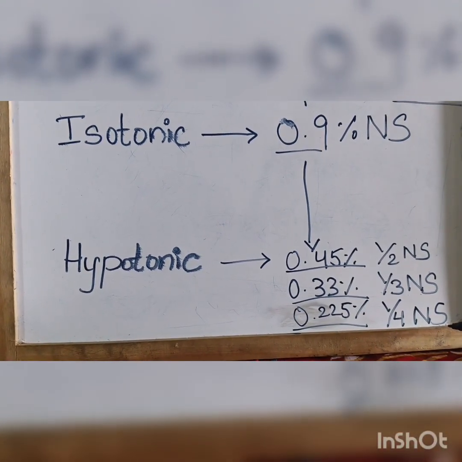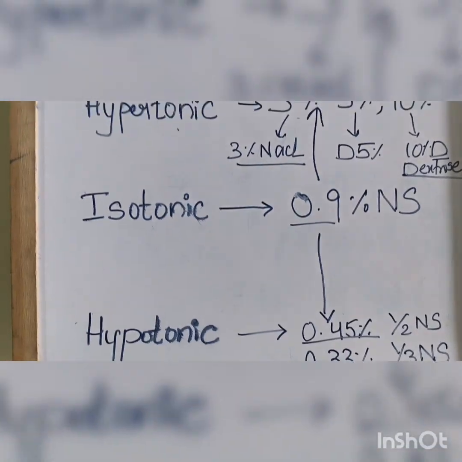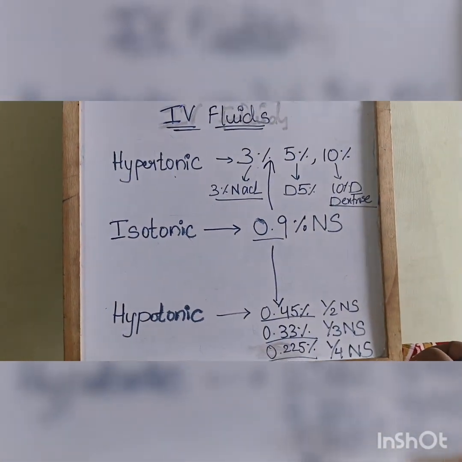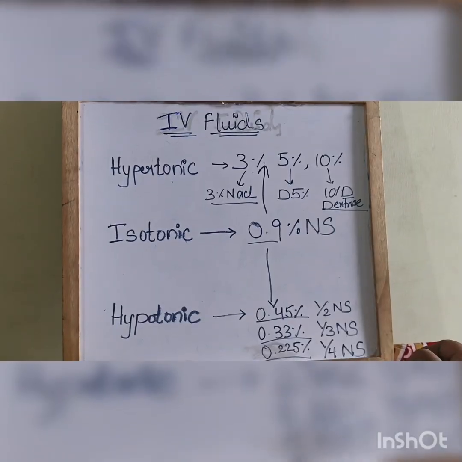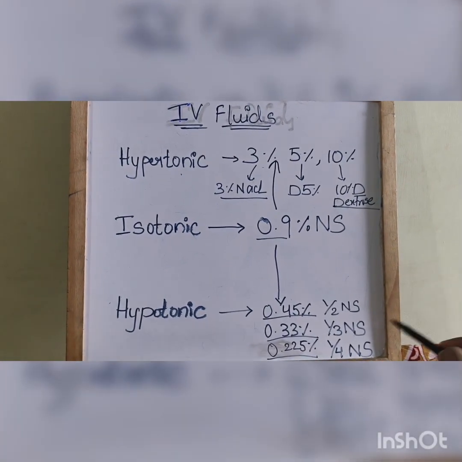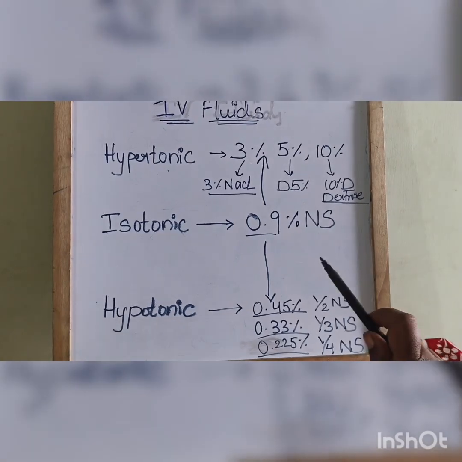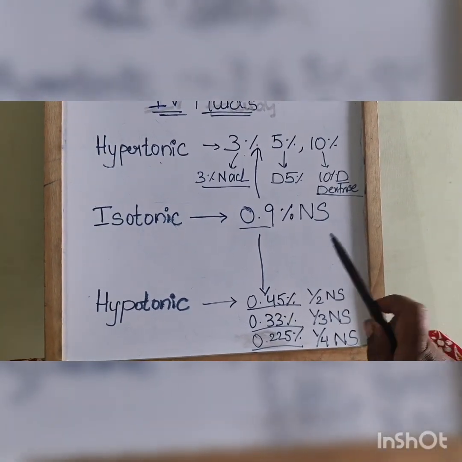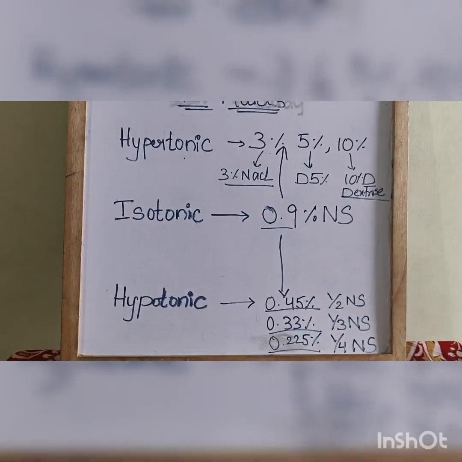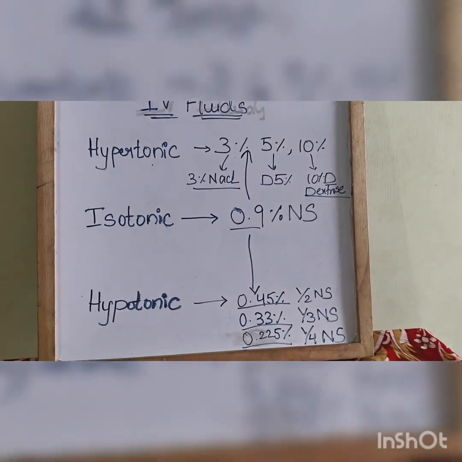They are available in hospitals abroad, specifically pediatric hospitals and some specialized hospitals, when they need 1/3 NS. But in our general hospitals we only have half NS. These are the main three types of IV fluids.